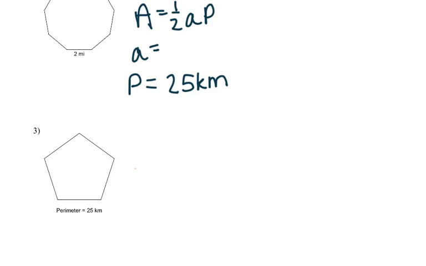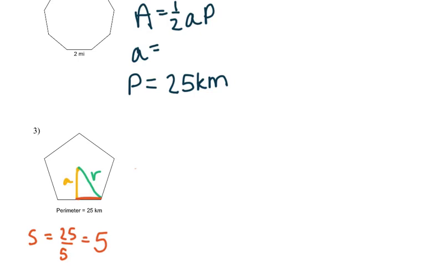Alright, so to find the apothem, let's draw it in and look at our right triangle. So here's our apothem, our radius, and then this is going to be half of the side. So remember, if your perimeter is 25 and we have a pentagon, so there are 5 sides, then 25 divided by 5 for our side length is 5.